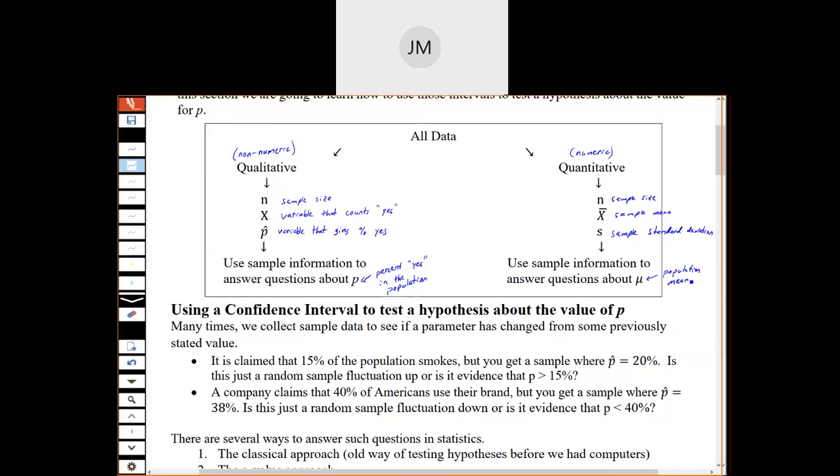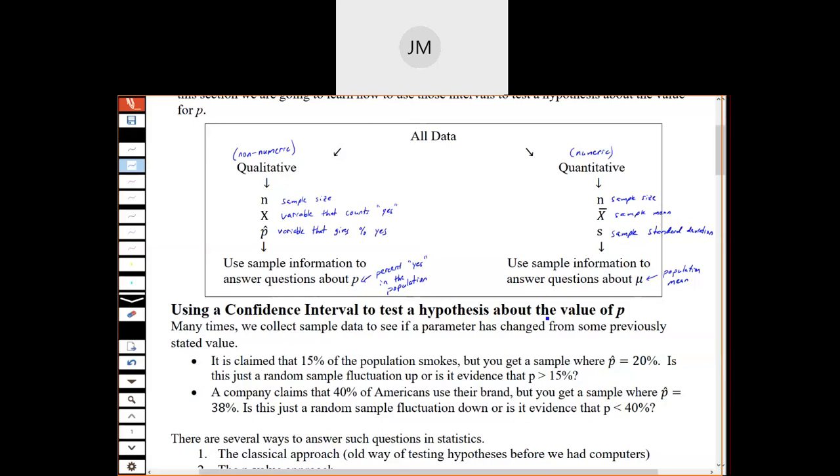And one of the things, and we'll talk about this when we get to a specific example, but something to keep in mind is when we talk about this population parameter P, and likewise when we talk about the population mean mu, those are values that we will not ever get to know the real value of. It's a number that exists, but we just don't know it. Nobody knows it.